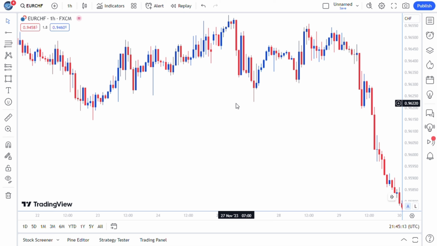If you open your chart and see these market prices, where would you place your support level? This is an hourly chart of Euro and Swiss franc.